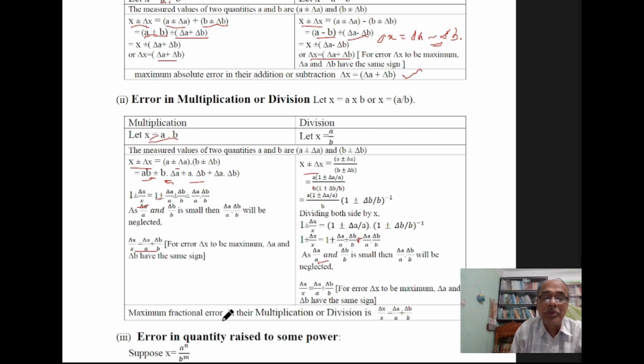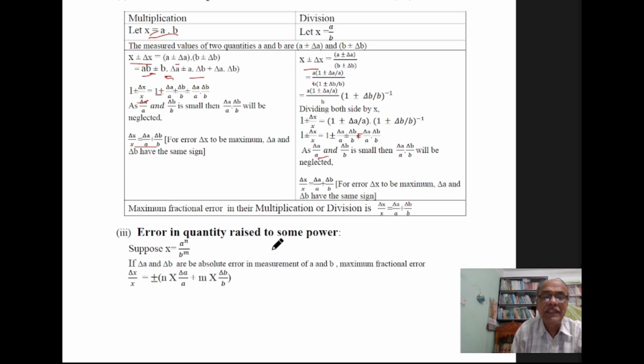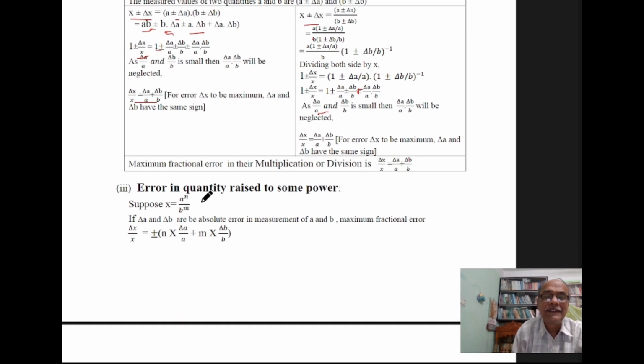So we conclude that maximum fractional error in multiplication and division will be delta X by X equal to delta A by A plus delta B by B, and so on. Now if there is a power, then X equals A to the power n, B to the power m.